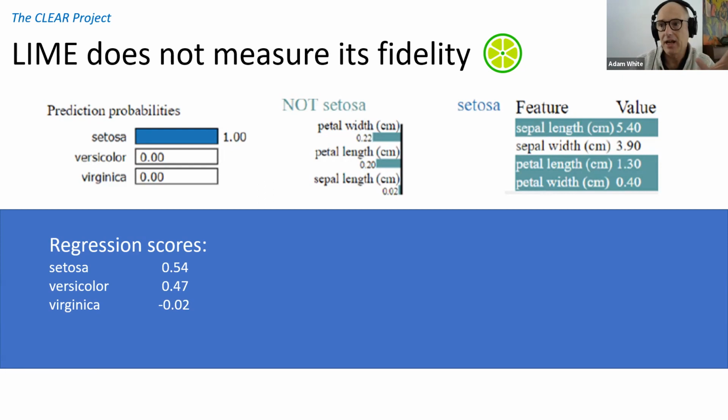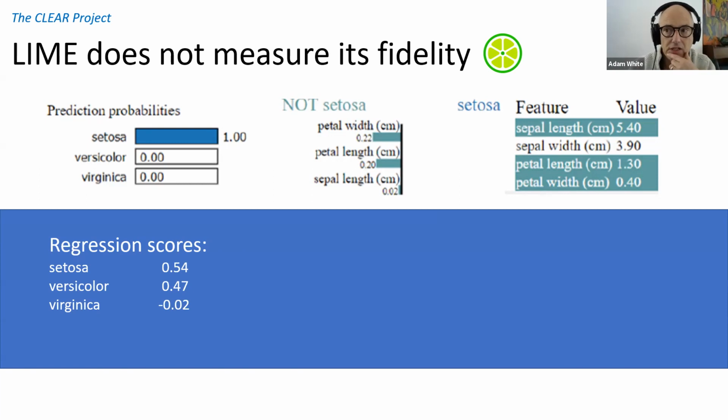Okay, so having identified shortcomings both with counterfactual instances and with LIME, we then thought about what are the key requirements for a satisfactory explanation.